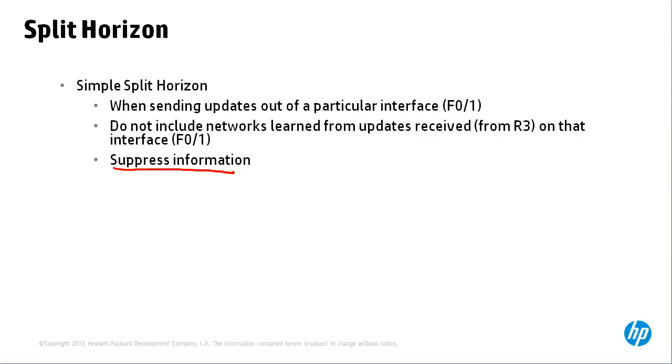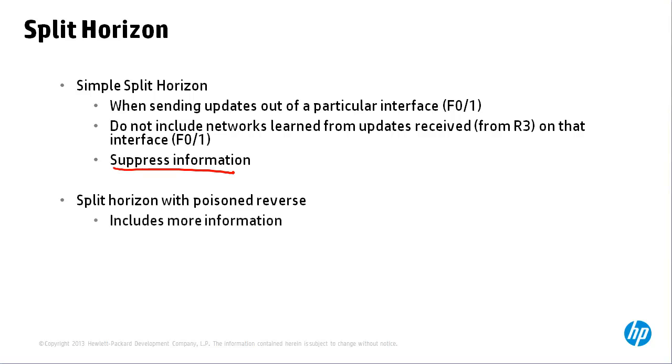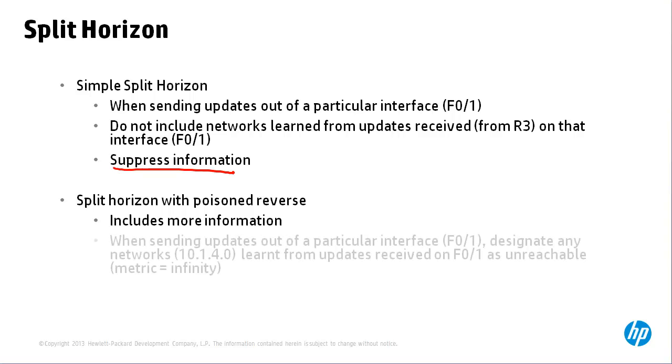However, these days, most modern implementations of distance vector routing protocols implement what's called split horizon with poisoned reverse. This includes more information. So rather than not sending that update out of the interface, the router does send the update out, but includes additional information.